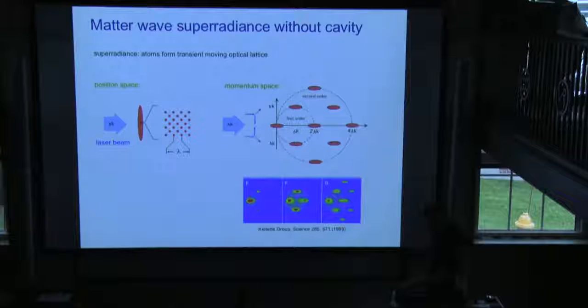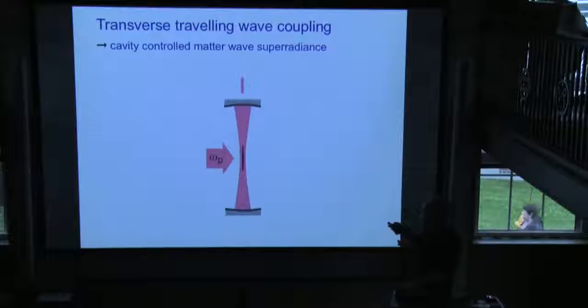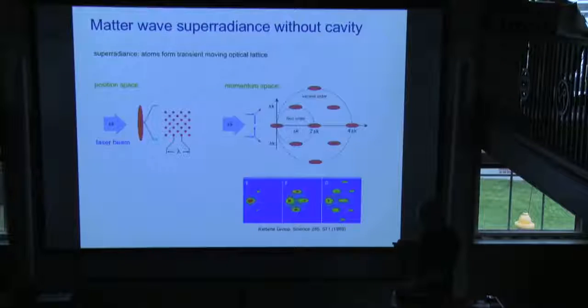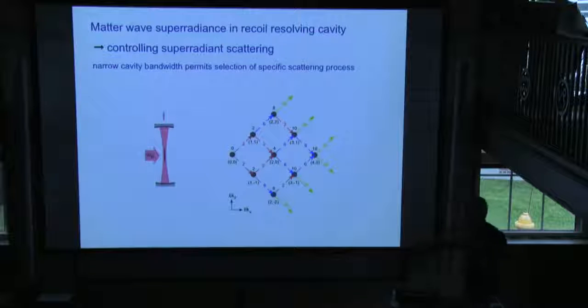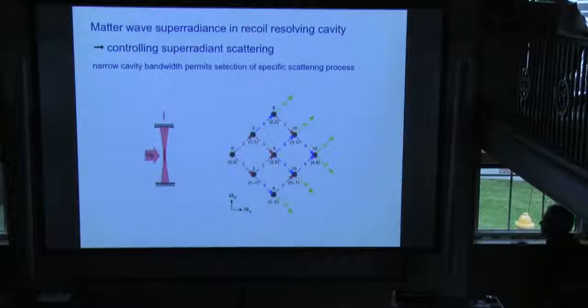And now if you just put a cavity around your BEC in that situation, that's basically what I've been plotting here. Again, you have to consider the different kinds of momentum states that can be reached by scattering processes, scattering photons from the incoming beam here into the cavity, and you see that it's the momentum states of the right half plane, due to the fact that we don't have any beam incoupled coming from this side.